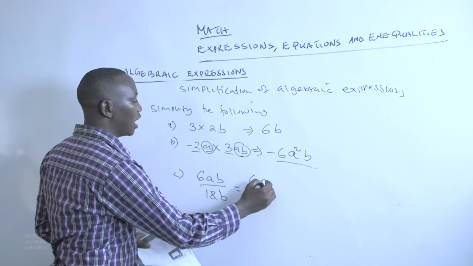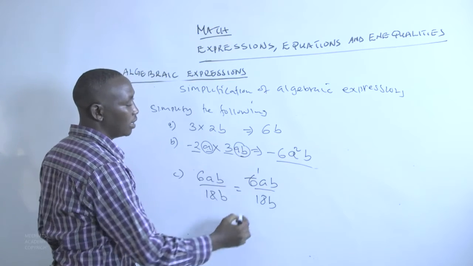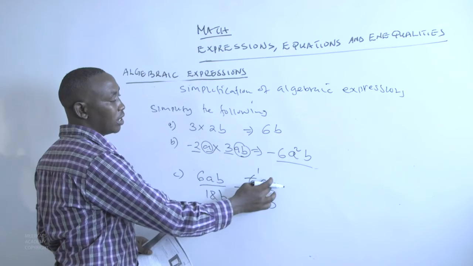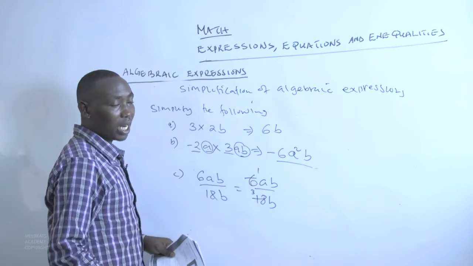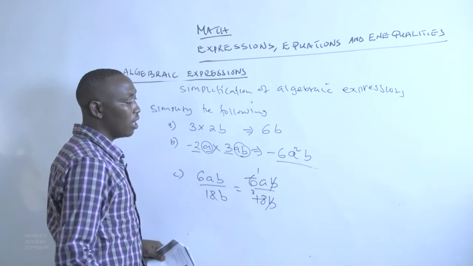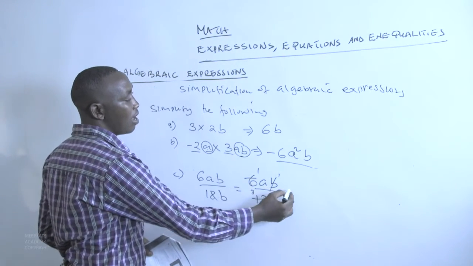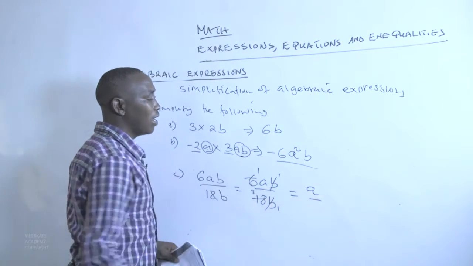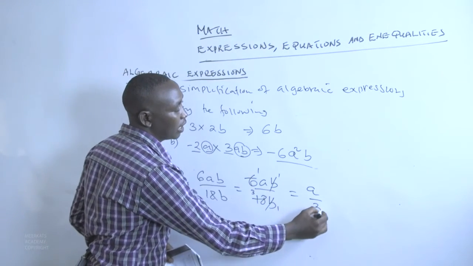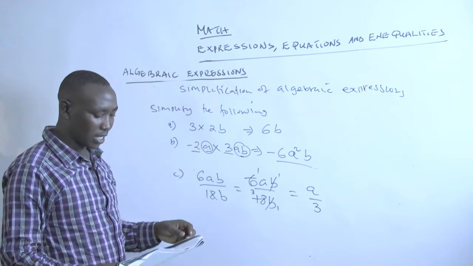So in that case, we shall have 6ab all over 18b. 6 will go into 6 once, 6 will go into 18 3 times. And because we have a b in the numerator and a b in the denominator, they are also going to cancel out. This will leave us with a on the numerator, and on the denominator we shall have 3 multiplied by 1, which is 3. So a all over 3 will be the result.